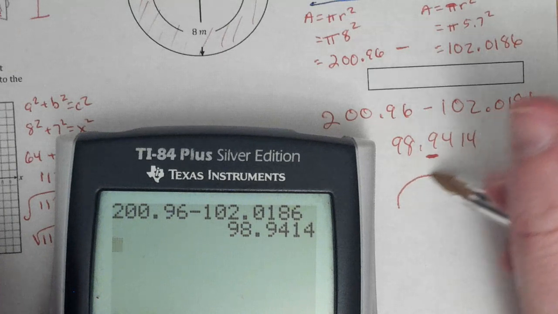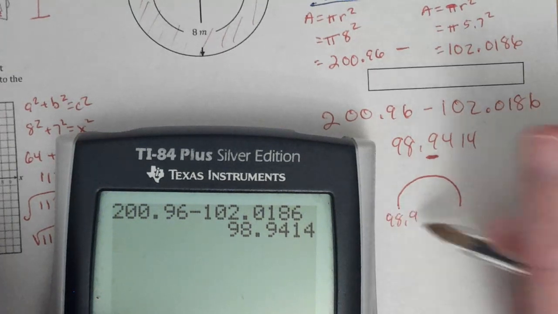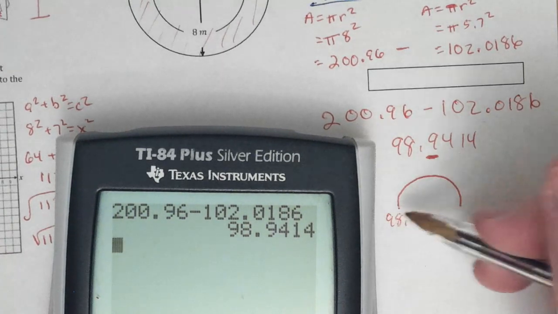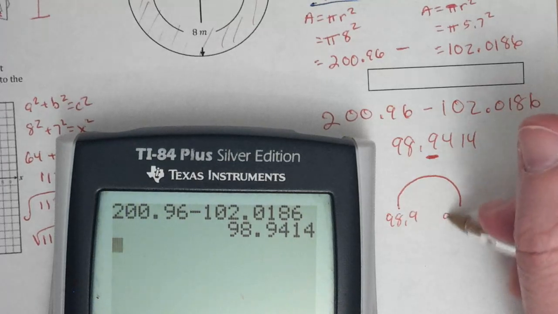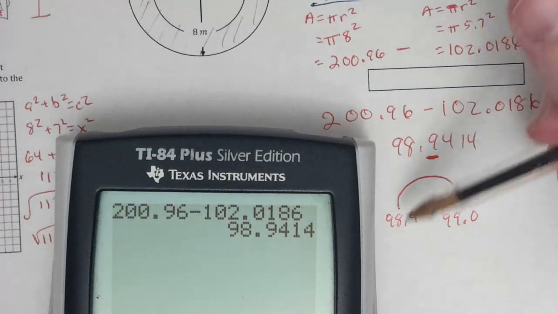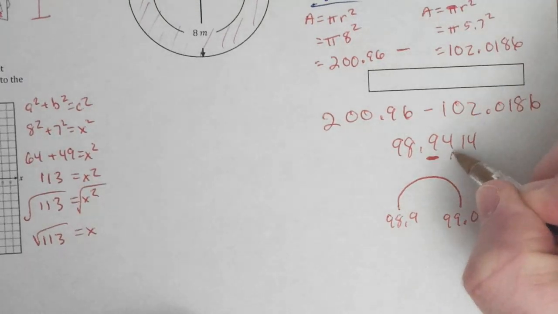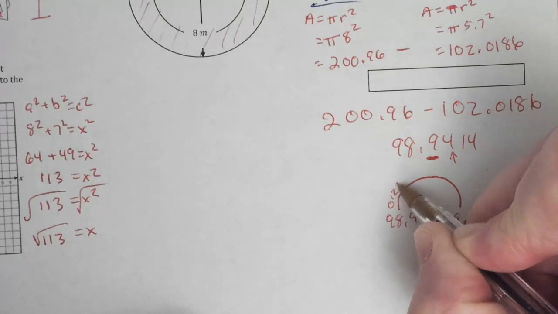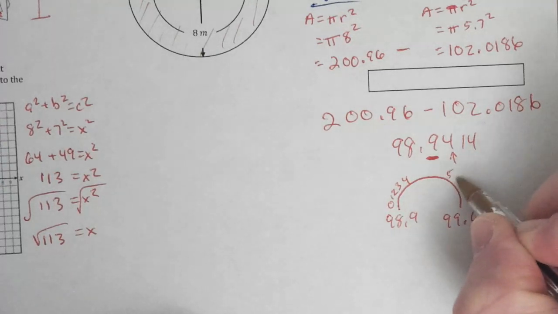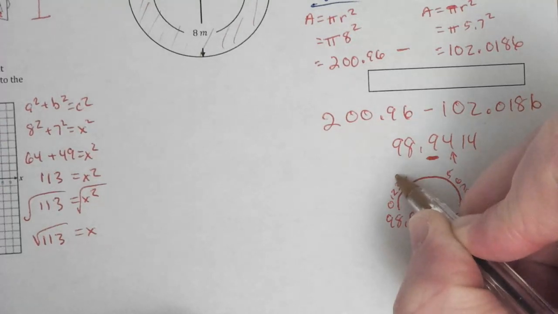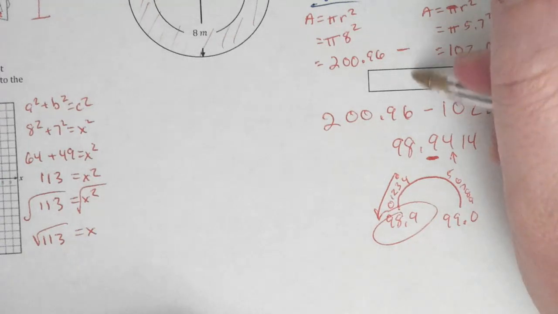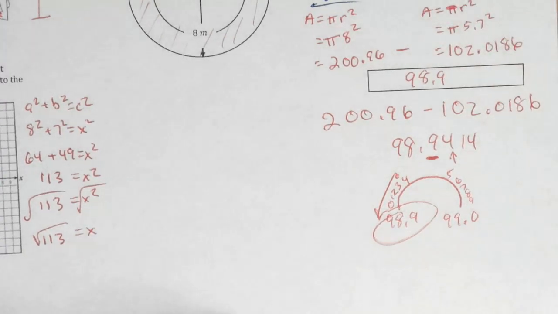So the question is, are you staying at 98.9, or what would be the number right after it? 98.9, what's after that? That'd be 99.0. Okay, so now that decision is made by the number after, 0, 1, 2, 3, 4 versus 5, 6, 7, 8, 9. 4 would roll right back to where you started, and the answer was 98.9.